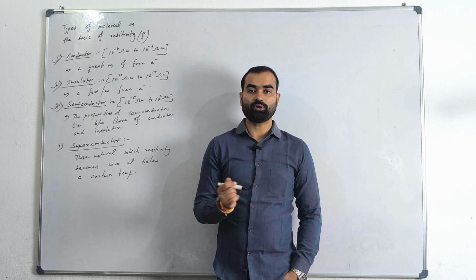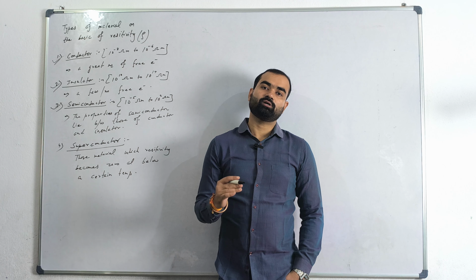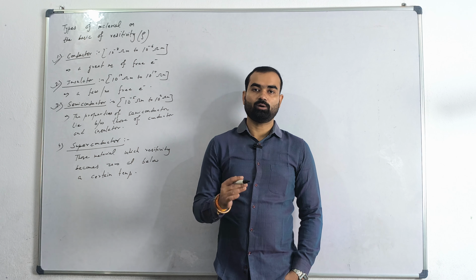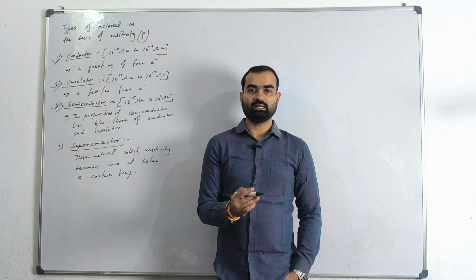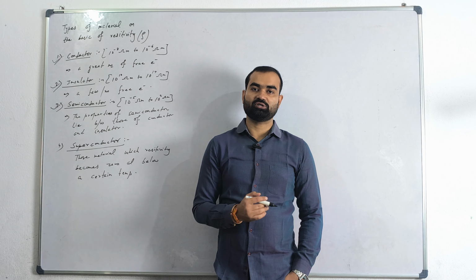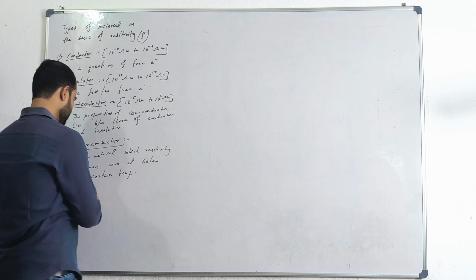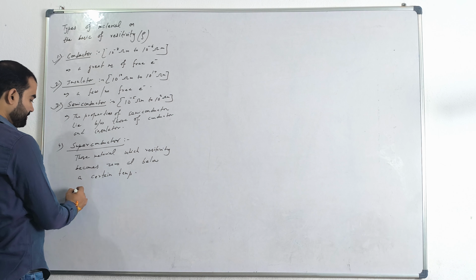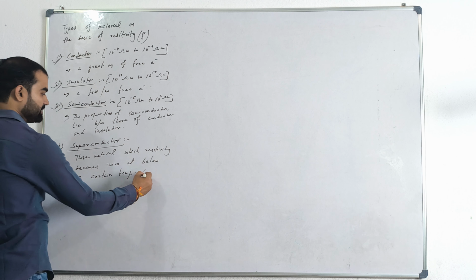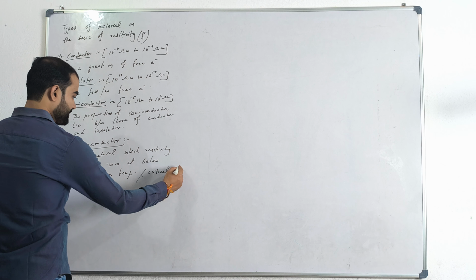It means the current can flow for a very long time, as long as we maintain this temperature or below it. Very interesting. This particular temperature is known as critical temperature.